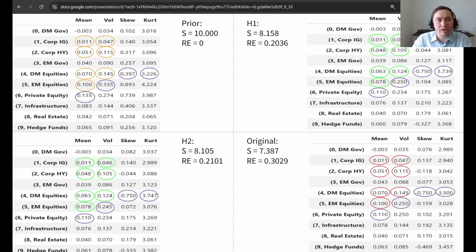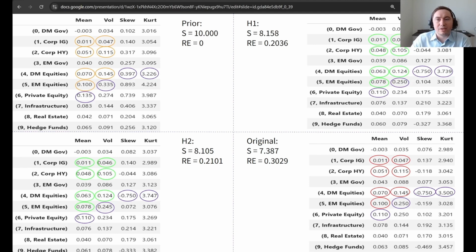So when you look at the red circles and then the prior simulations, you can see that it has the same values. So it has the same means, the same standard deviations, while for the sequential algorithms, when we lower the expected return of private equity, well, then we get a lower expected return also for emerging market equities and developed market equities. So we use that when we implement the volatility view for emerging market equities and the skewness and kurtosis views for developed market equities.